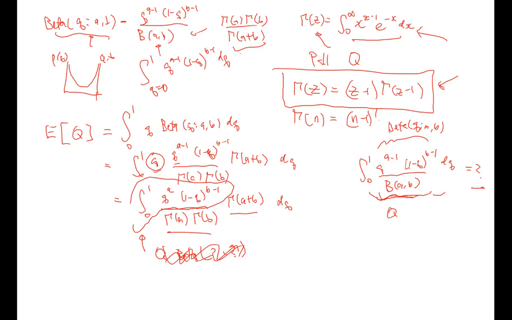So this equals 1. That means the integral from 0 to 1 of Q to the A minus 1 times (1 minus Q) to the B minus 1 dQ is just B(A, B).